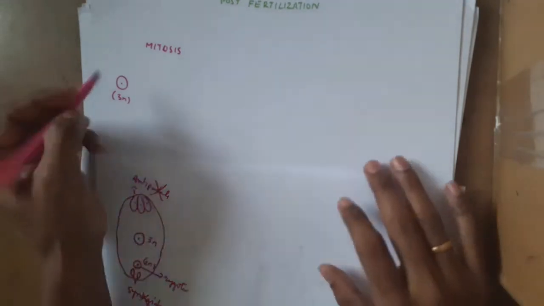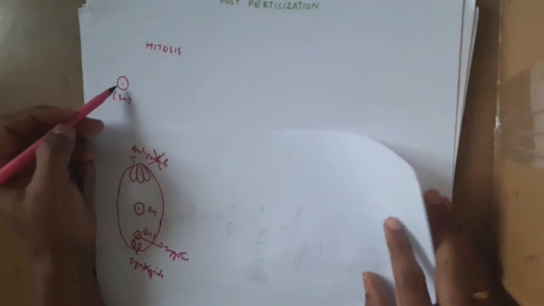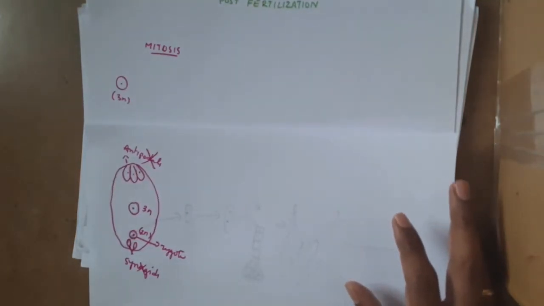But soon after the production of the zygote and the PEC, or primary endosperm cell, they'll start undergoing mitosis. This we discussed in our class 11 standard also, in the chapter called plant growth and development.